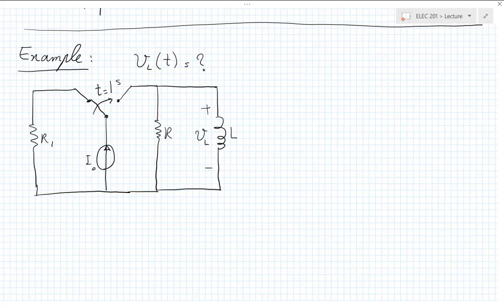And so, to help a little bit with review, given that many had difficulty with the previous example where we went a little faster maybe, let's just write this down with all its detail. So first of all, for t less than 1 second, we had a DC steady state for a long time.